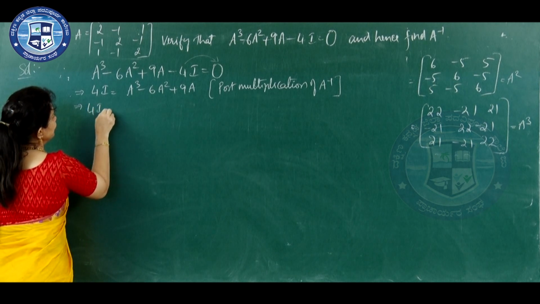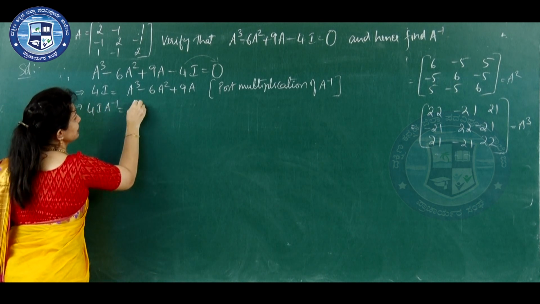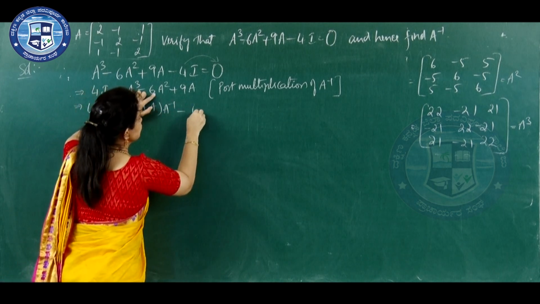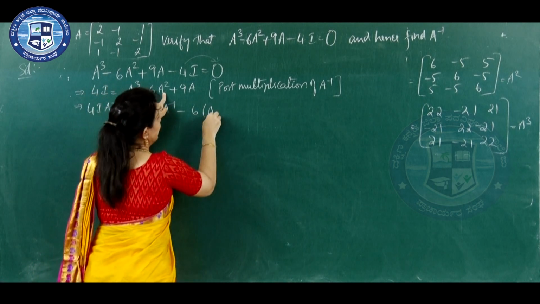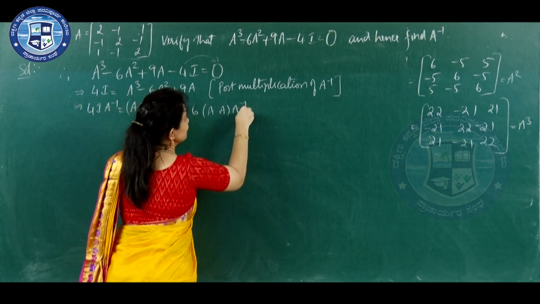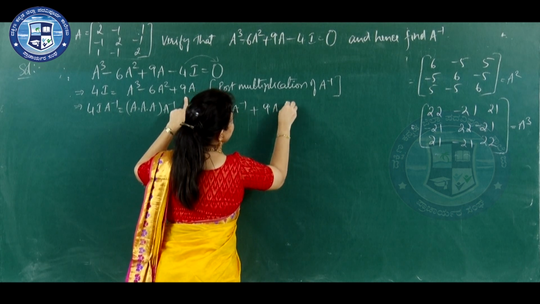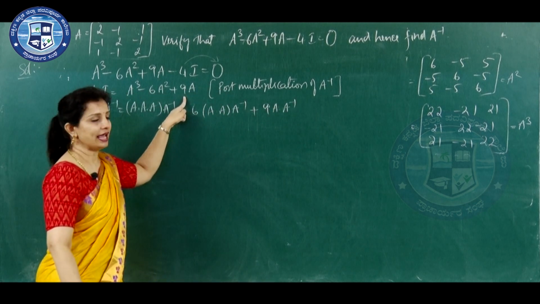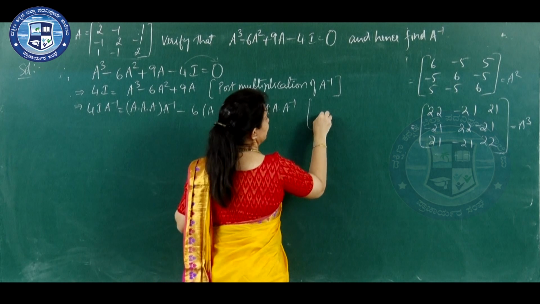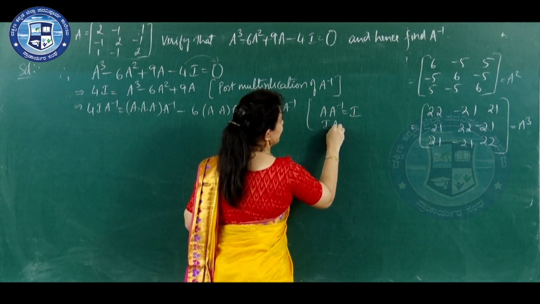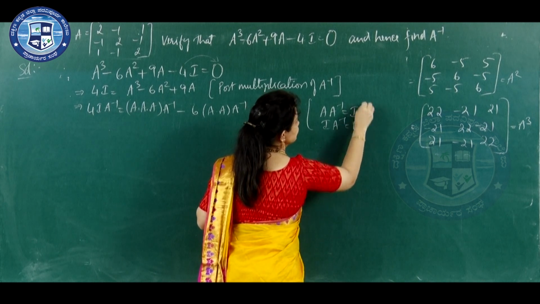So 4I into A inverse equals A cube, that is A into A into A into A inverse, minus 6A square, that is A into A into A inverse, plus 9A into A inverse. Again we need to apply A into A inverse is equal to I, or I into A inverse is equal to A inverse.